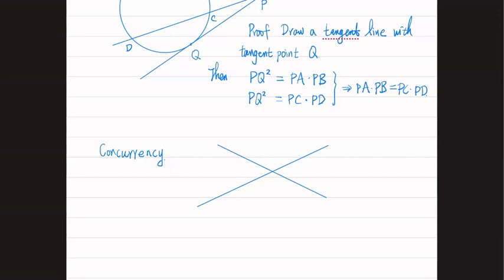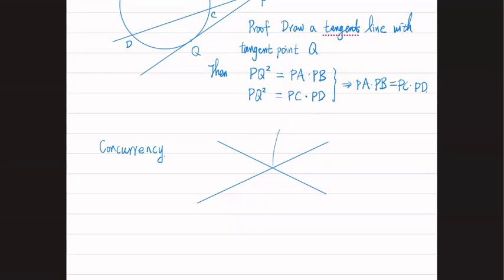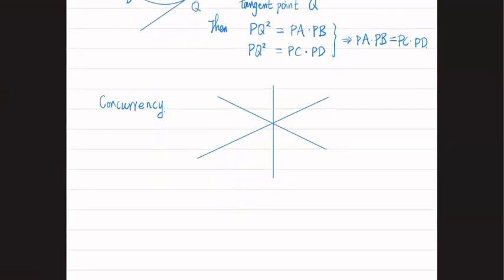Okay, let's consider what happens if we draw a third line. If they are not parallel, in general, it could be something like this. It intersects at two different points. But a special case is when the third line goes through the intersecting point. This we call concurrent. Okay.